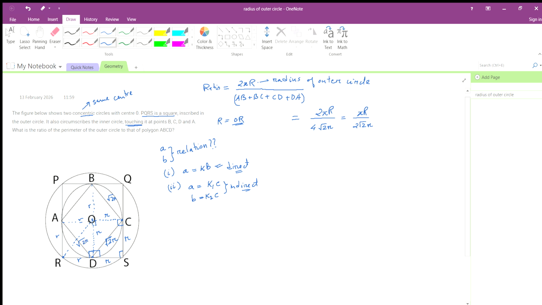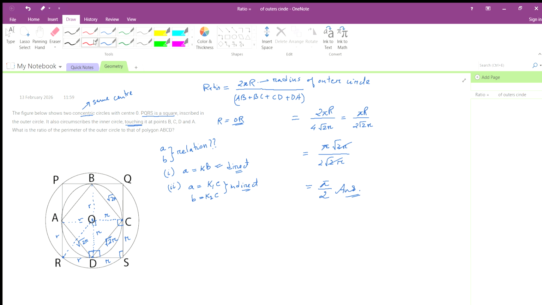OR is the radius of the outer circle. So just substitute root 2 r in place of capital R in pi R divided by 2 root 2 r. So root 2 r got cancelled, so the required ratio will be pi by 2. This is the answer.